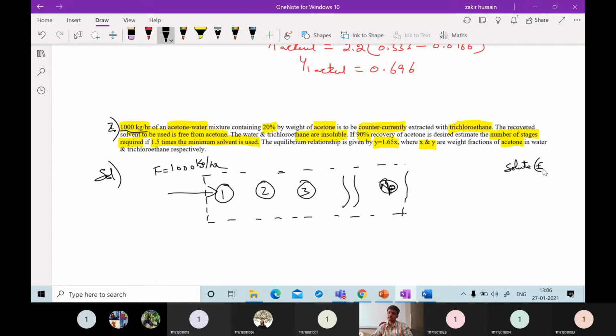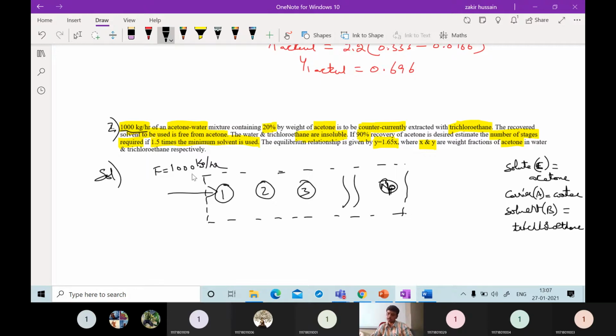In our notation scheme, the solute, which is C, is equal to acetone, the carrier A is equal to water, and the solvent B is equal to trichloroethane. These are the three: solvent, carrier, and solute.